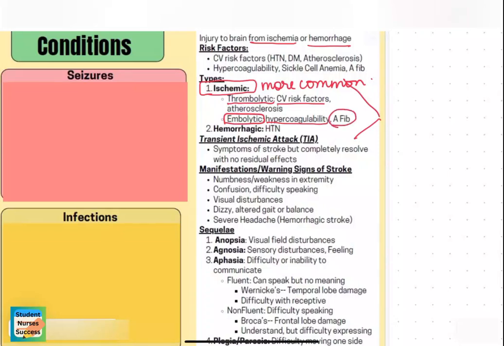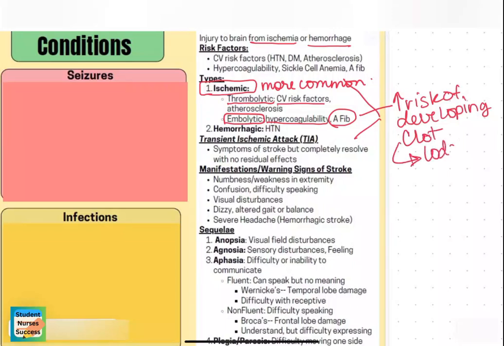With atrial fibrillation, we know this increases the risk of developing a clot in the atrium that can then shoot up through the aorta and lodge in the brain. So individuals with AFib are usually on anticoagulation in order to minimize the risk of developing a stroke from their atrial fibrillation.